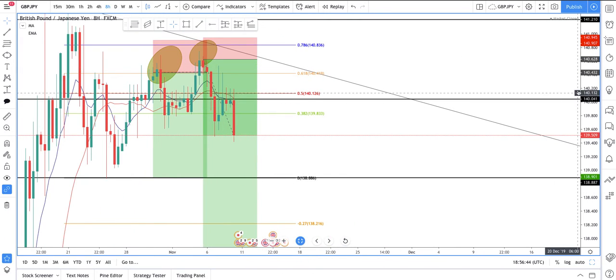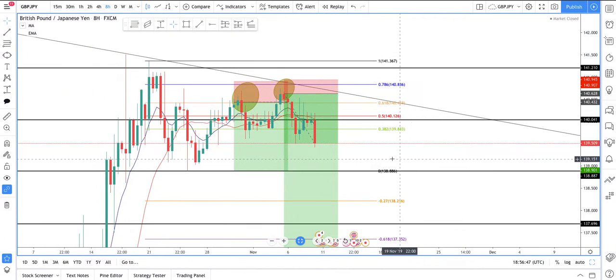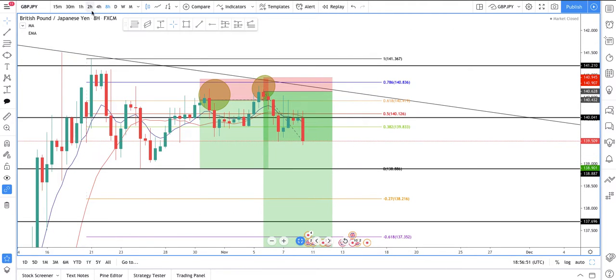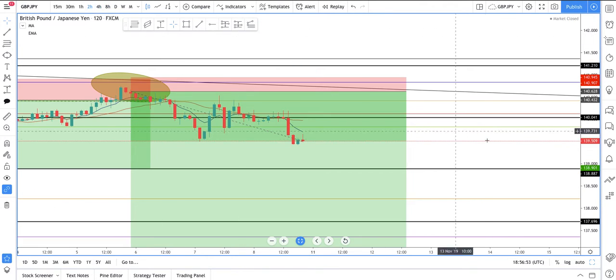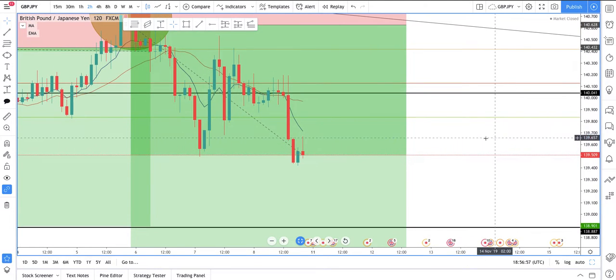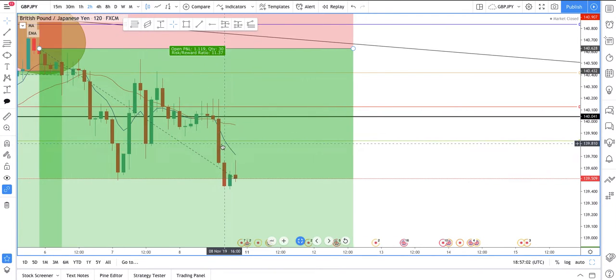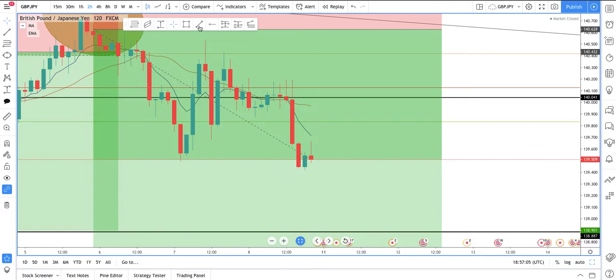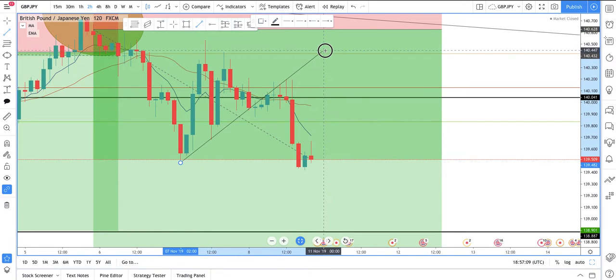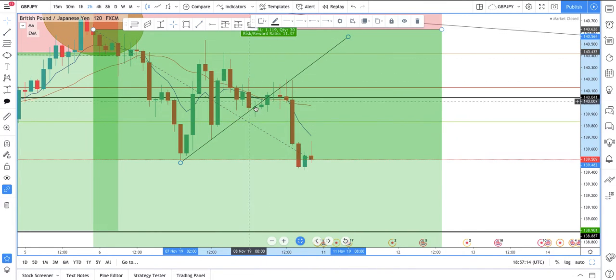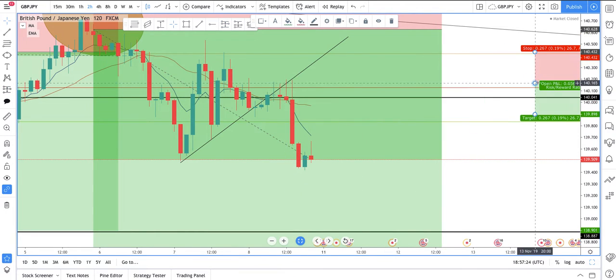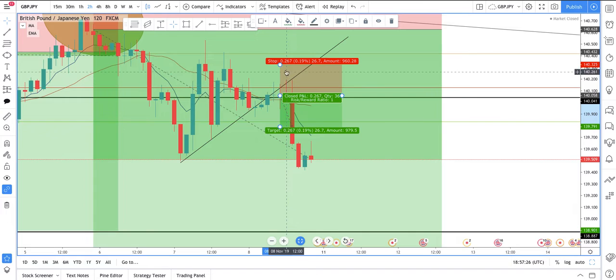And if I was to look for another entry to scale in, or if you guys were to scale in, what I would do is go down to the 2-hour time frame, or even earlier if I was on Friday. I would draw in another trend line, wait for a breakout and retest, and enter right here again. This I actually didn't enter, but if I was to look for another entry to scale in, this is what I would do.